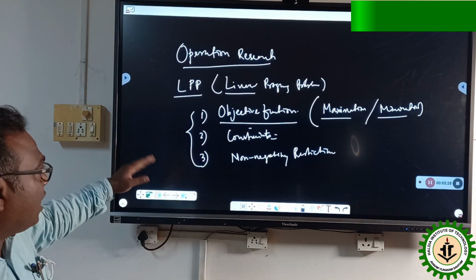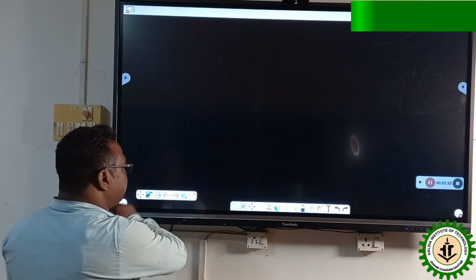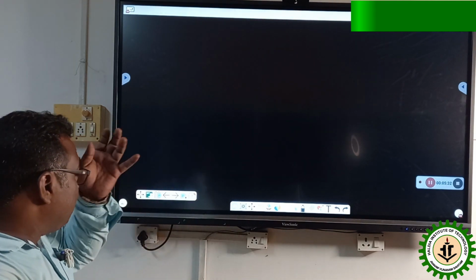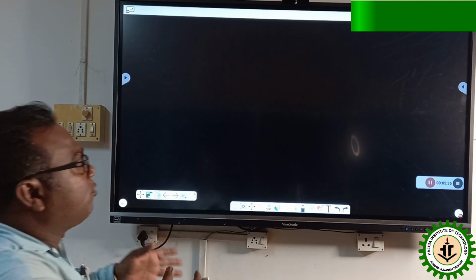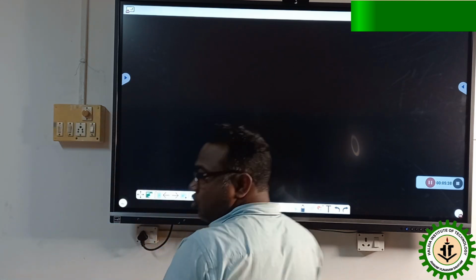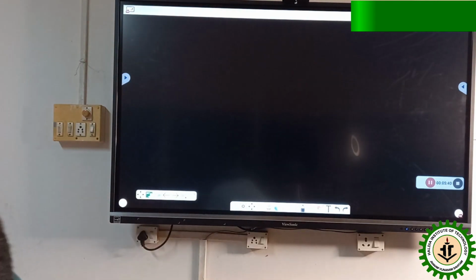Now I am going to the next slide, where we will try to represent the form of an LPP. Let us consider a problem here, then I think it will be clearer to everyone what it represents.